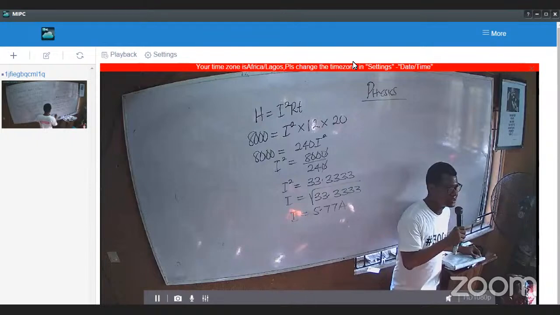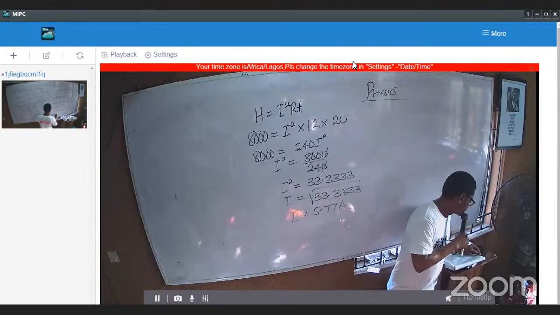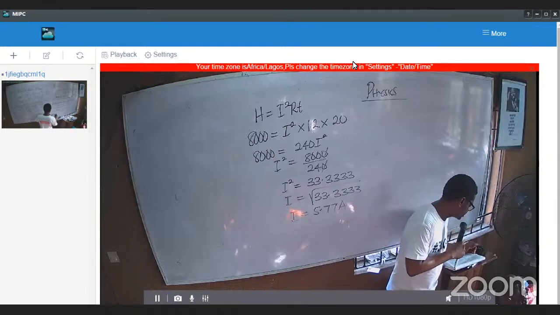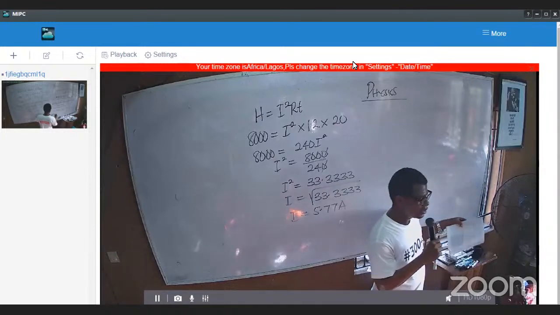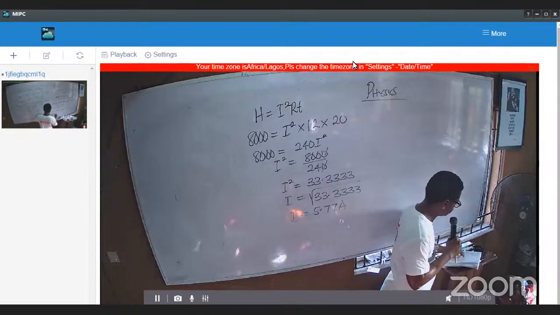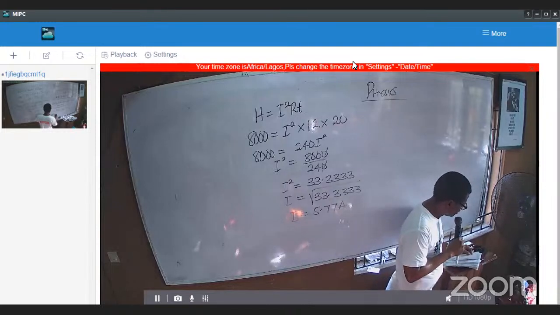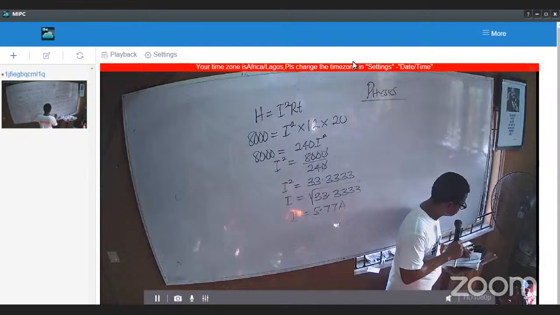Determine the quantity of heat generated.